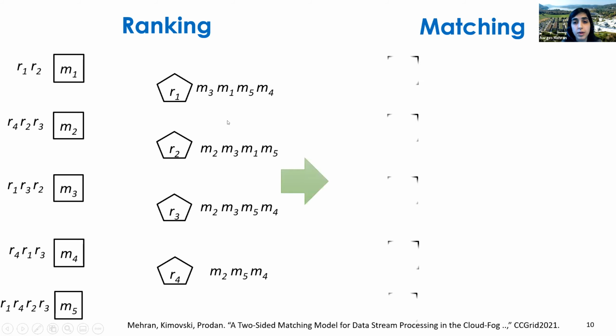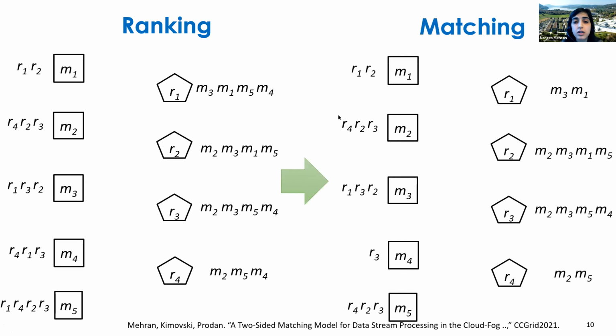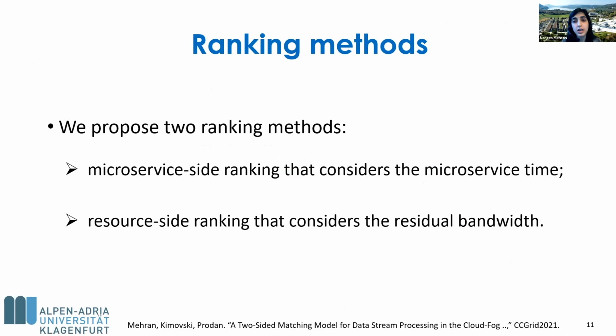Then in the next step in our model, we have used such rankings in order to start to match the microservices from one side to the resources on the other side, in order to reach a stable matching between these two sets of players. Let's see how we have done it.